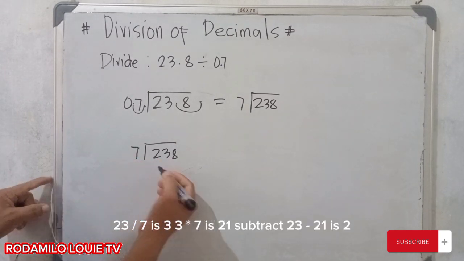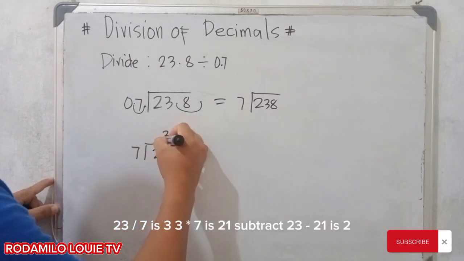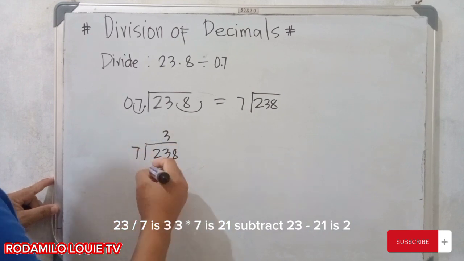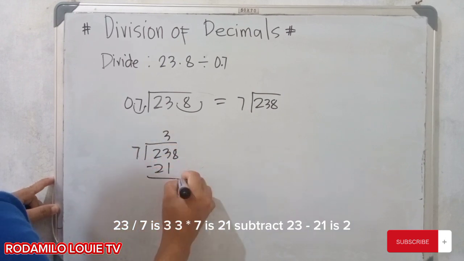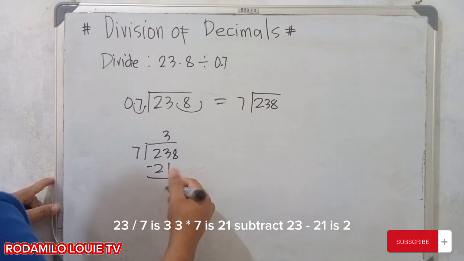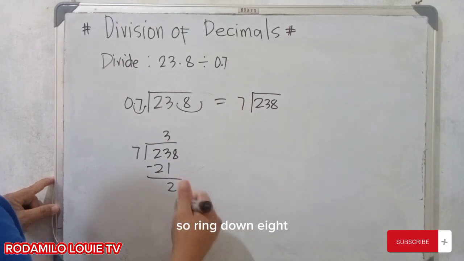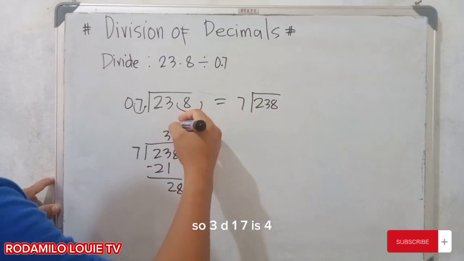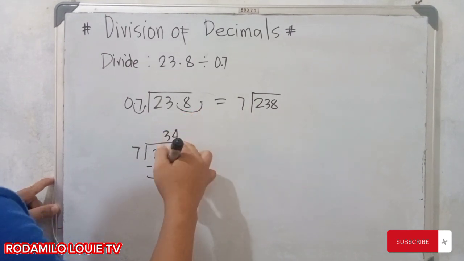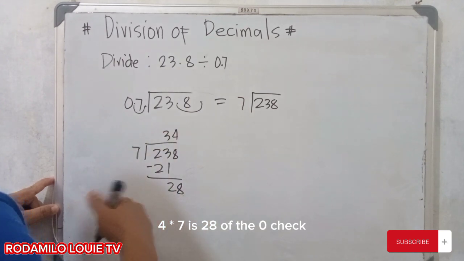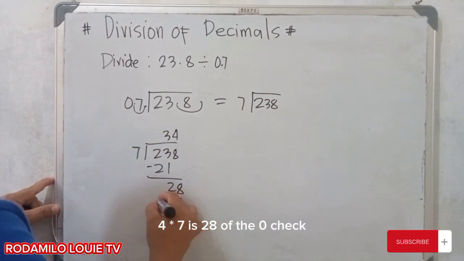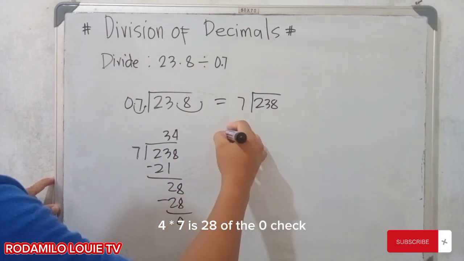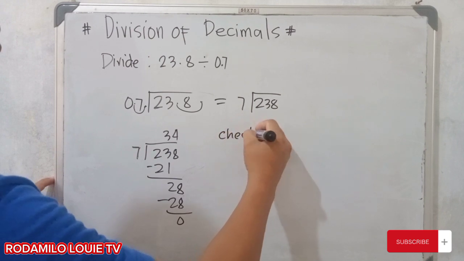So 23 divide 7 is 3. 3 times 7 is 21. Subtract 23 minus 21 is 2. So bring down 8. So 28 divided 7 is 4. 4 times 7 is 28. Subtract 0. Check na to if itong answer is correct.